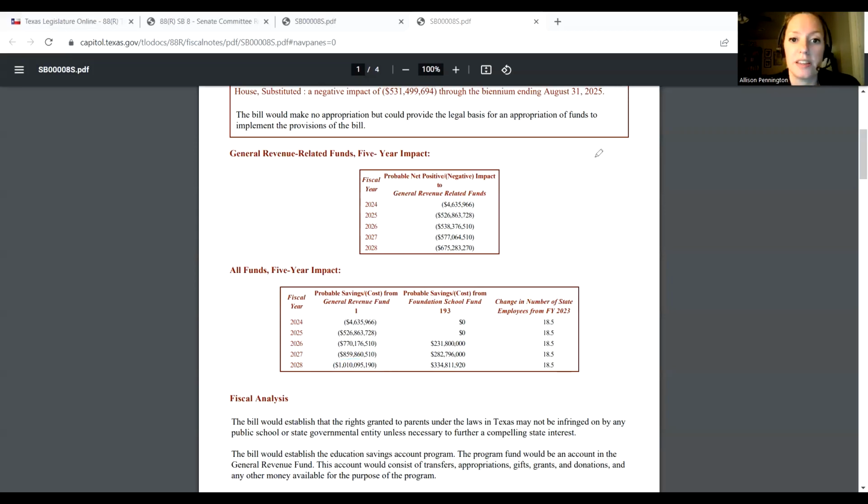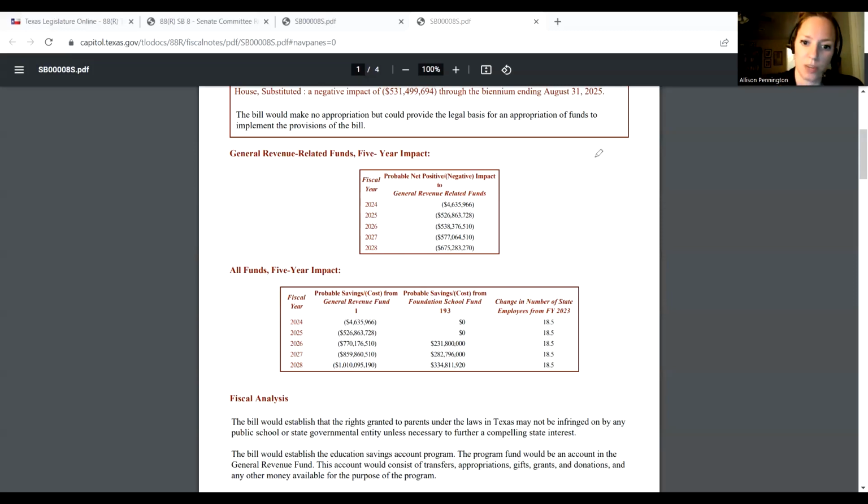The reason the numbers for the net effect are smaller is because of this second column, which is probable savings from the foundation school fund. So what this column is saying is that beginning in 2026, we are anticipating that the state will have to spend fewer dollars on public school students because these students will be served in the private sector.